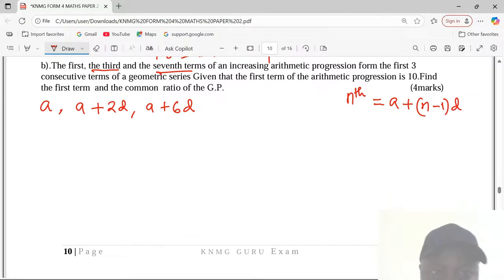Therefore, the third should be A plus 3 minus 1 multiplied by D, and the seventh should be A plus 7 minus 1 multiplied by D. That's why it becomes 6D.